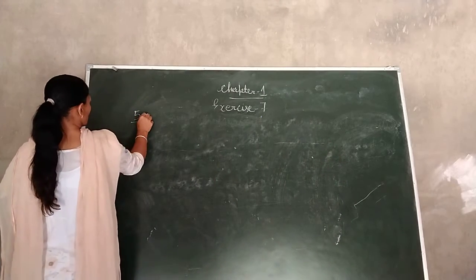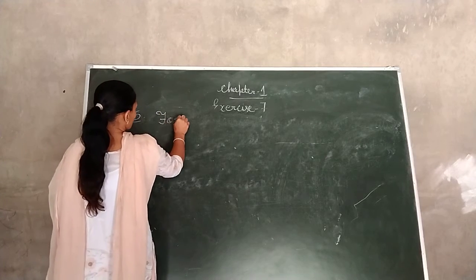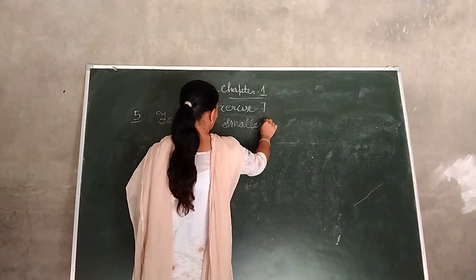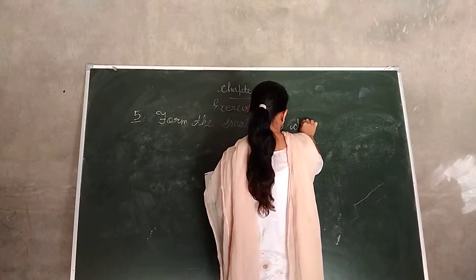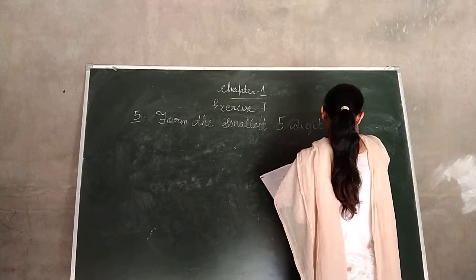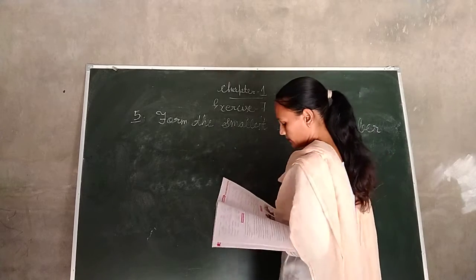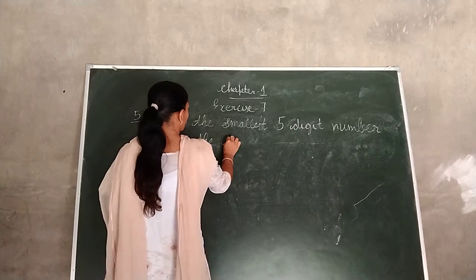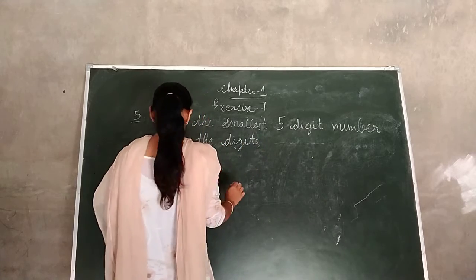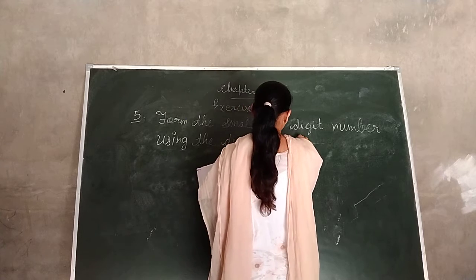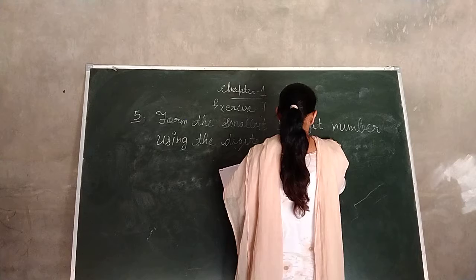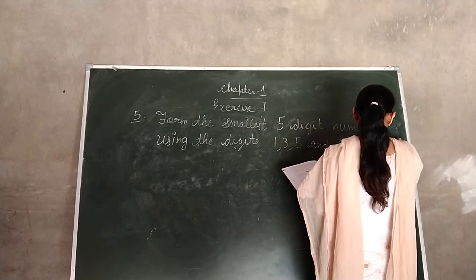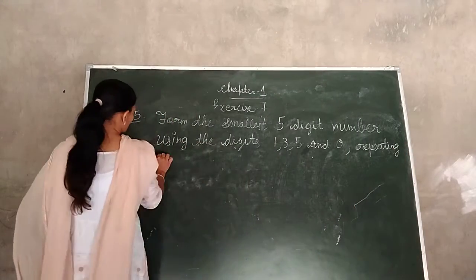Next, 5th question. Form the smallest 5-digit number using the digits 1, 3, 5 and 0, repeating 1 twice.